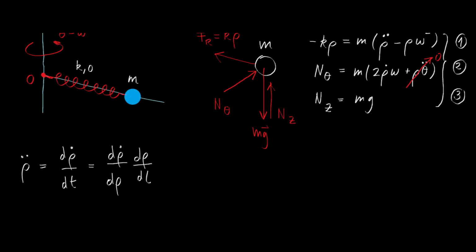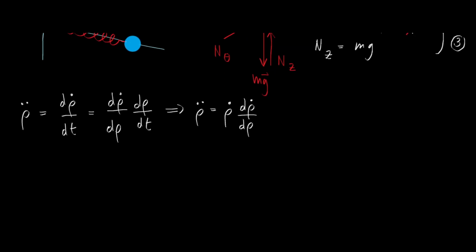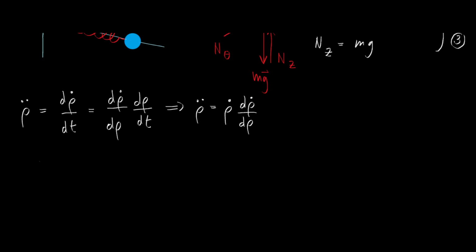In other words, rho double dot is equal to rho dot times d rho dot over d rho. And this latter expression will help us to solve equation number 1. We can plug this result into equation number 1 as follows.